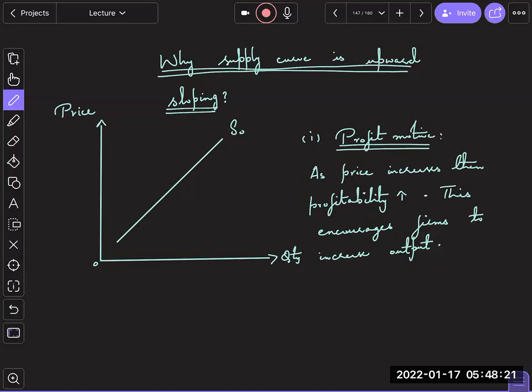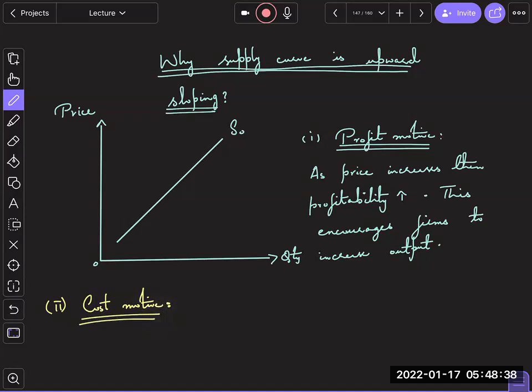The second reason is cost motive. What is cost motive, guys?